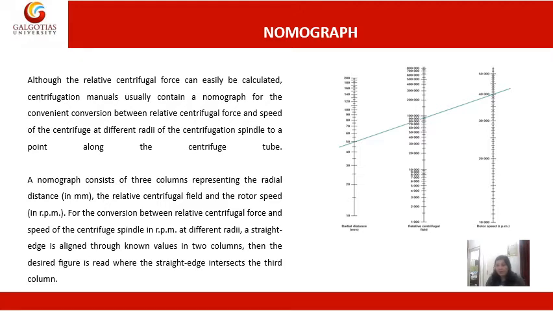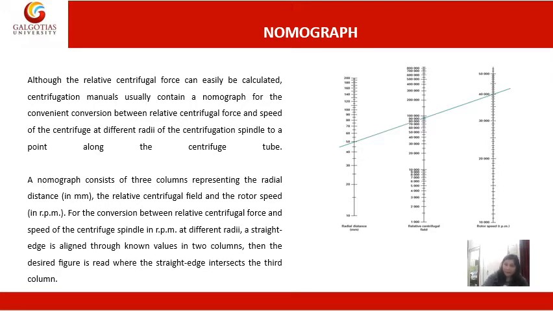So how can we know at what rotor speed we have to operate our system? For this we have this graph. I already told you radial distance is given. Suppose the centrifuge that we have for separation has a radial distance of 50 millimeters, and 90,000 is the RCF required for the separation of mitochondria.